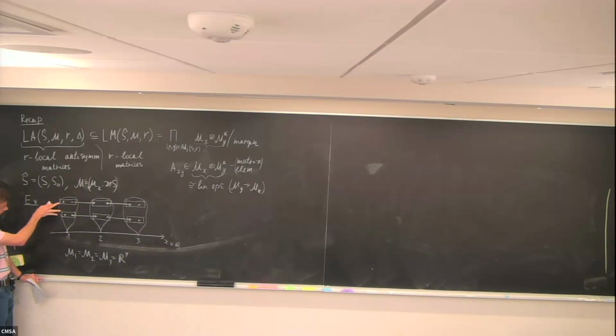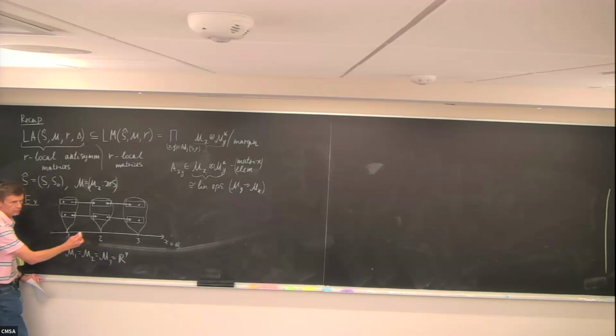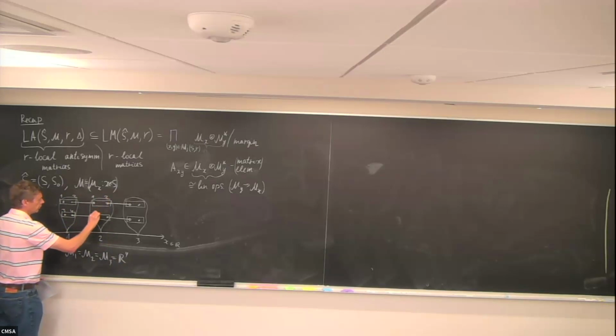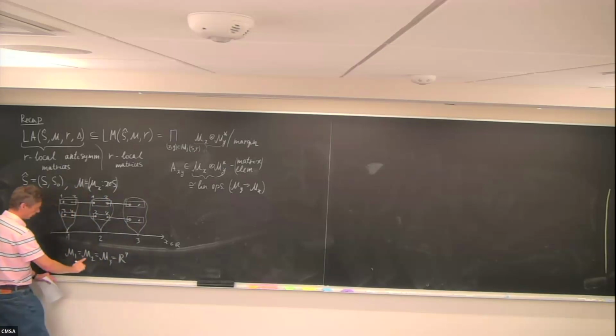But here we're attaching a 4-dimensional Euclidean space to each of those points. These are the basis vectors of that space. Let's enumerate them: 1, 2, 3, 4. 1, 2, 3, 4. These are basis vectors of those spaces M1, M2, M3.